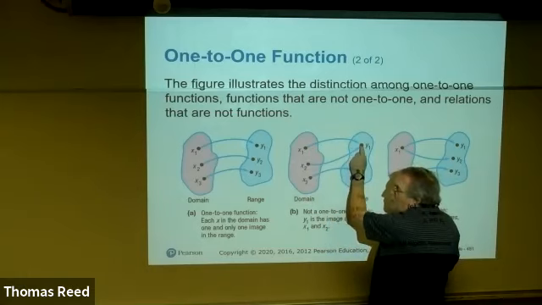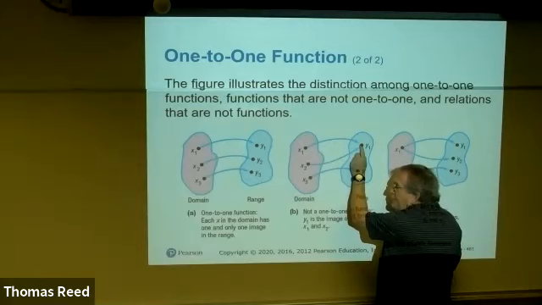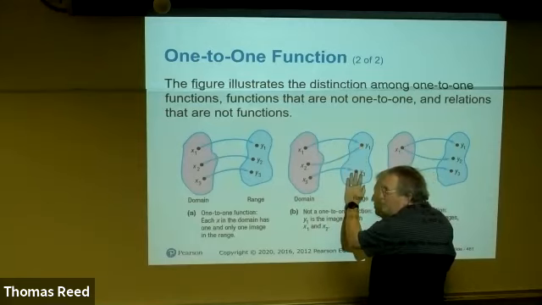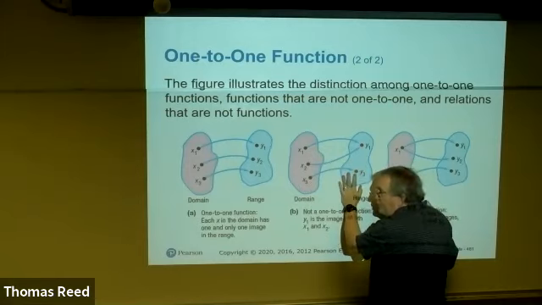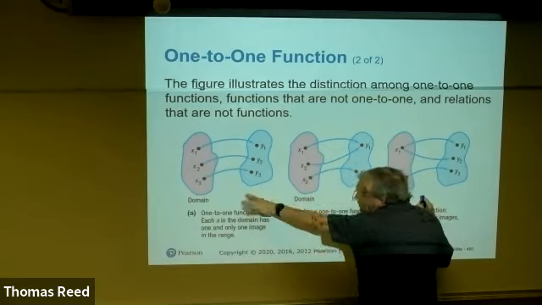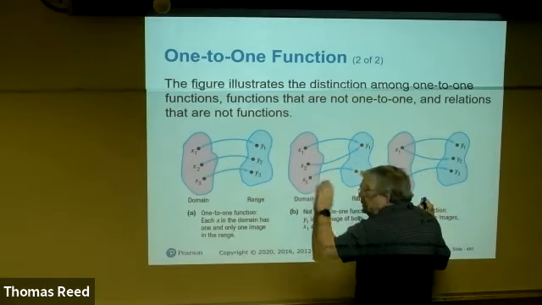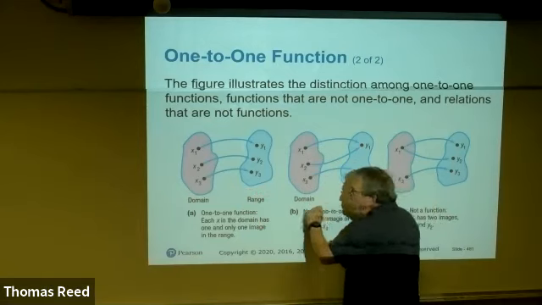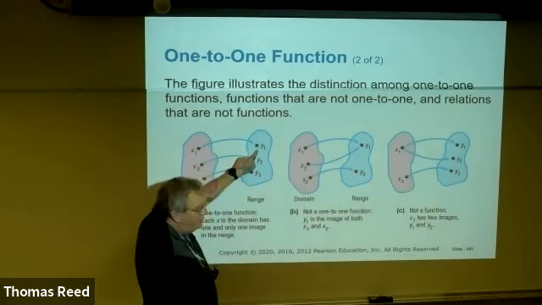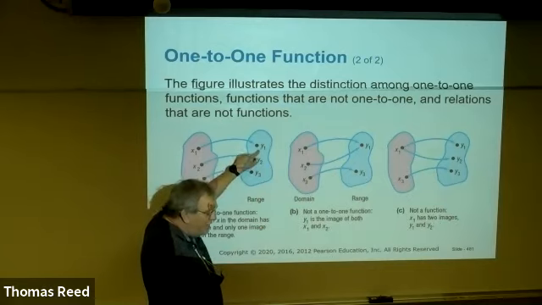All of these could have gone to the same y value, or all of them go to different y values, but we weed those out. When each x value goes to a unique y value, a distinct y value.